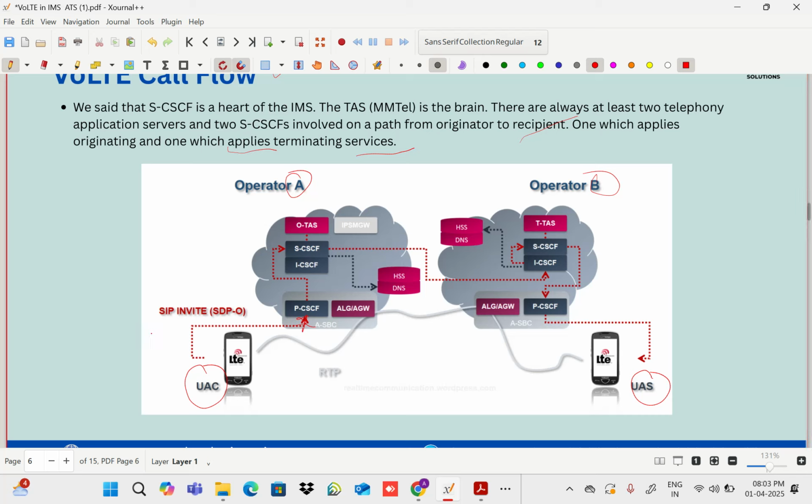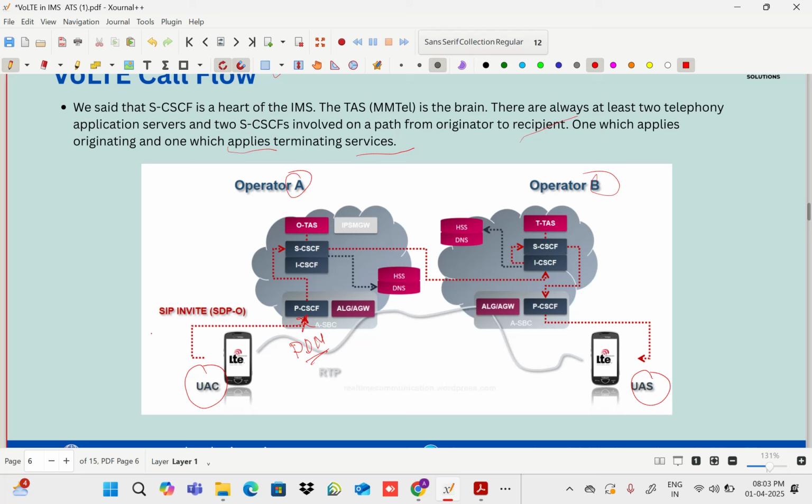The INVITE request is sent to the P-CSCF, and you will get the address of the P-CSCF during the PDN connectivity request. You will get the P-CSCF IP address. So when sending the INVITE, it goes directly to the P-CSCF. Then the P-CSCF sends the request to the related S-CSCF.